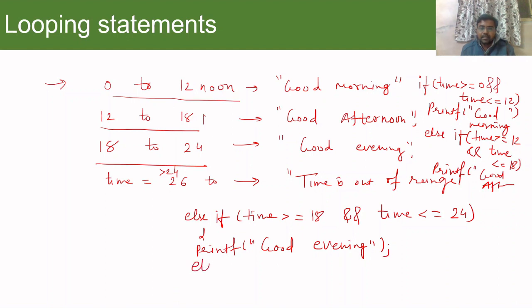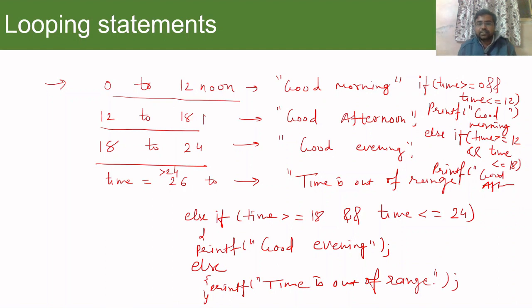And then in last, if the time is out of range, else I will print time is out of range. So in this way I can code it and check it.